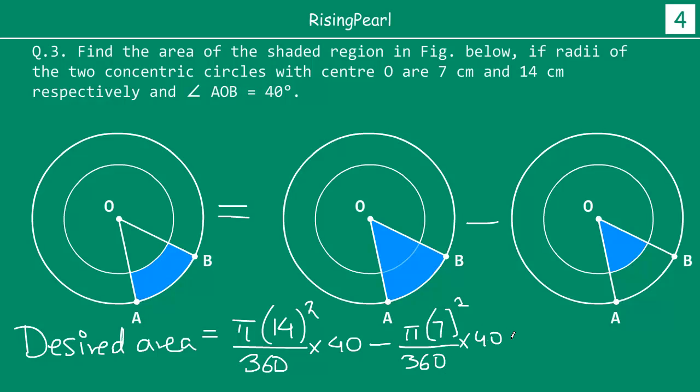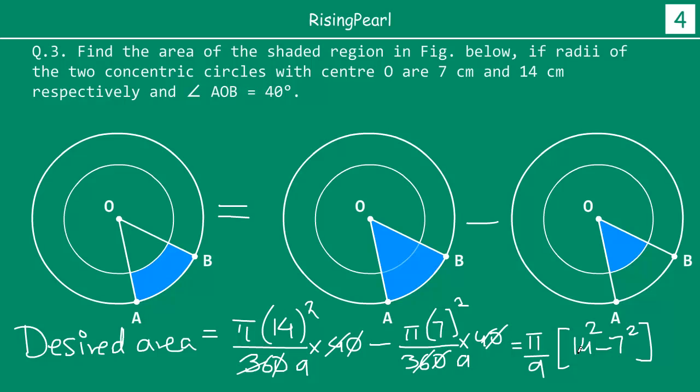Clearly from here we can take common, let's first get this out. 4 9s are 36, 4 9s are 36. So pi divided by 9 we can take common, and then we have 14 square minus 7 square.